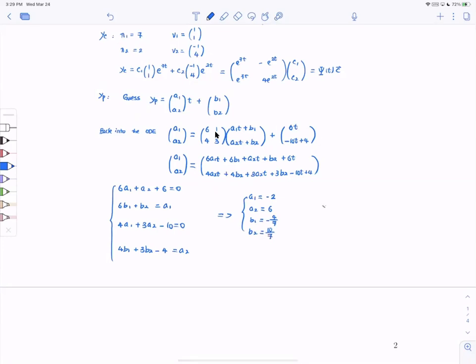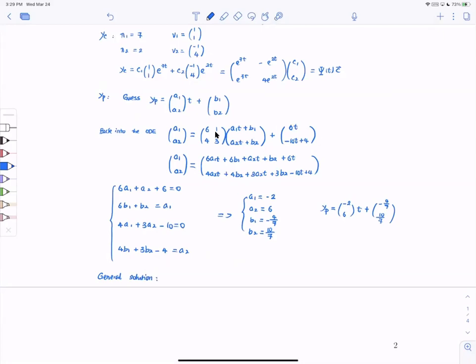This makes your yp equal to (-2, 6) t plus (-4/7, 10/7). Okay, so your general solution is your yc plus yp.